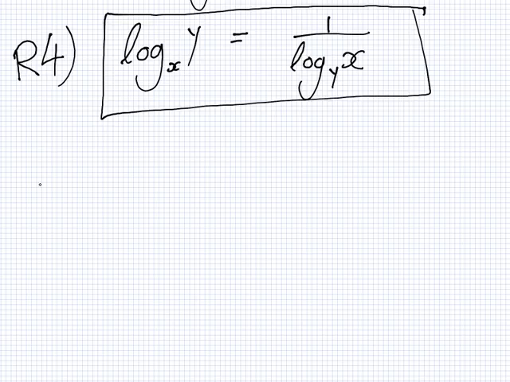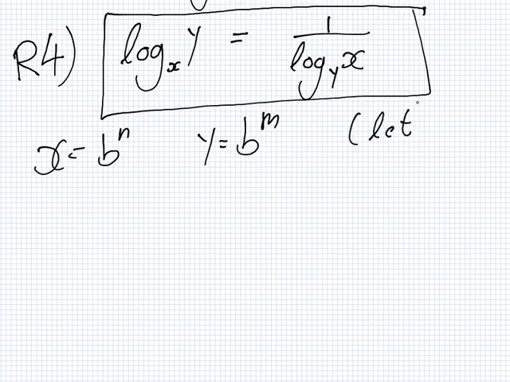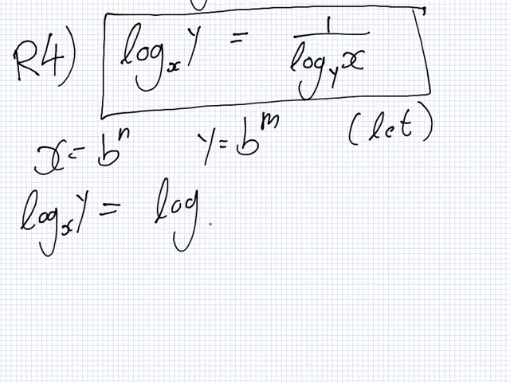So, let's start the proof. Oh, sorry. x equals b^n and y equals b^m. So we assume this. Okay. So log_{b^n} of b^m. Now, I think some people will know what this is.